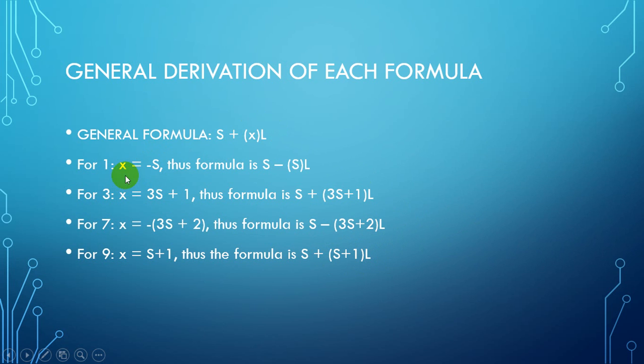So for 1, x is simply negative s. So the formula is s minus, and again, because you're performing an operation here that breaks the stem and then the leaf off into 2 numbers, that's why I'm not factoring out an s here, because algebraically, well, it would look like that's what you should do.